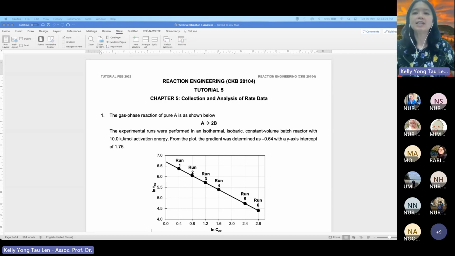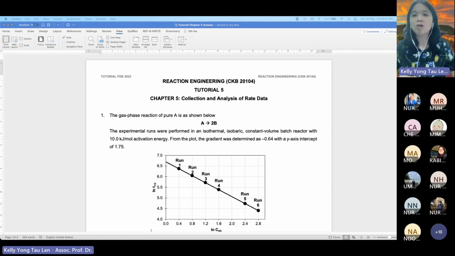Then subsequently, last week, I have also already entered chapter 5. If you remember, chapter 5 is the chapter related to collection and analysis of rate data. Basically, chapter 5 is all about when you have experimental data, which we will use, depending on the different method, to identify two important pieces of information.